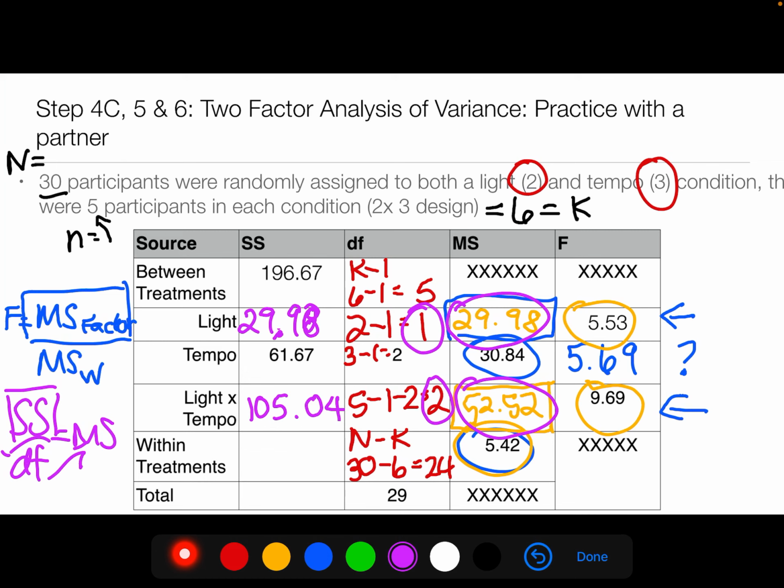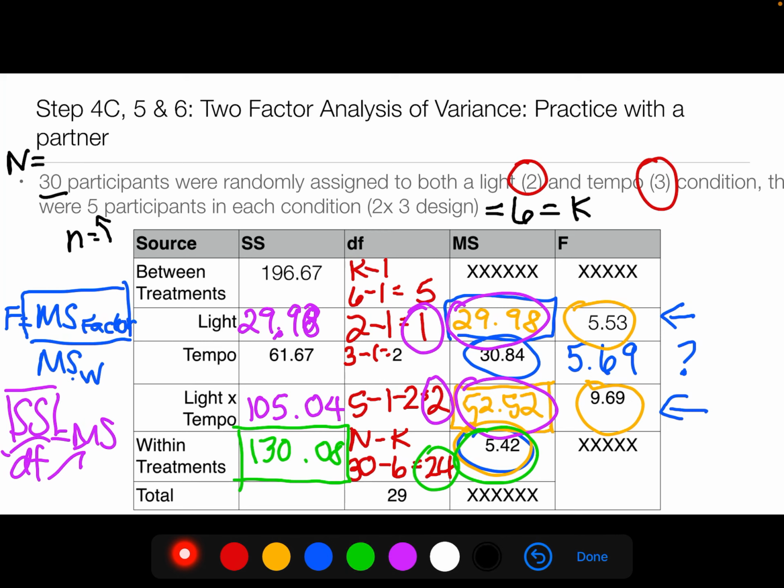We still need to get our sums of squared within. And again, I can do the same thing. I can take my 5.42, multiply it by my 24, and I get 130.08. When I've done that, the only thing I have left is this total formula at the bottom.